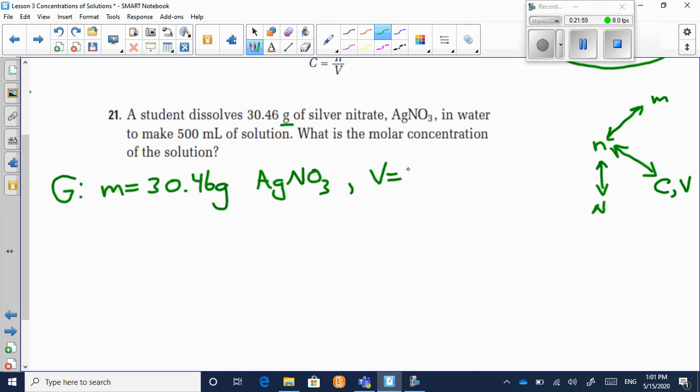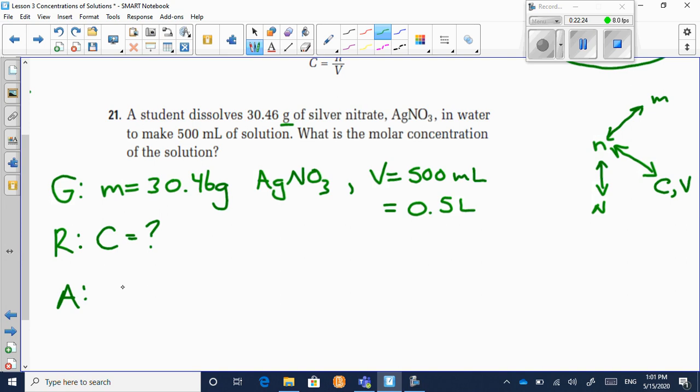So the volume is 500 milliliters, but I remembered that I always needed liters, so I'm going to switch it. So you divide this by 1,000. To go from milliliters to liters, you divide by 1,000, so it's 0.5 liters. And it says, what is the molar concentration? So my capital C is the question mark.